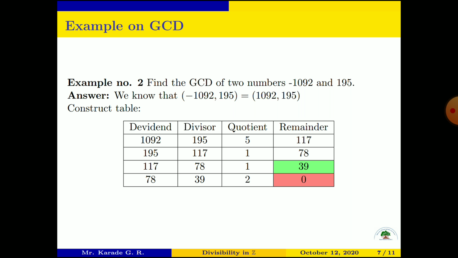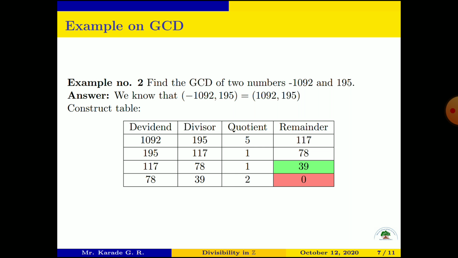So if we divide 1092 by 195, in the first row we get the quotient 5 and a remainder 117. Now in the second row again we divide 195 by the remainder 117.